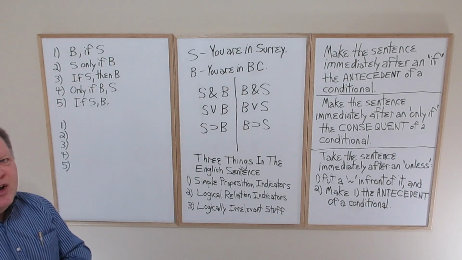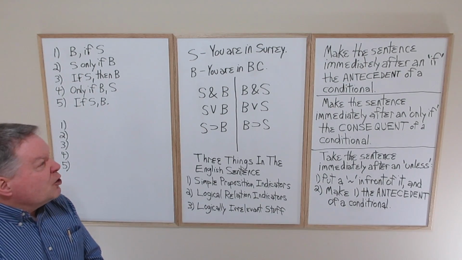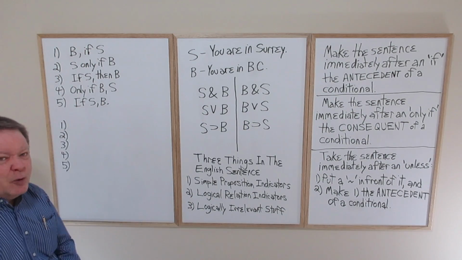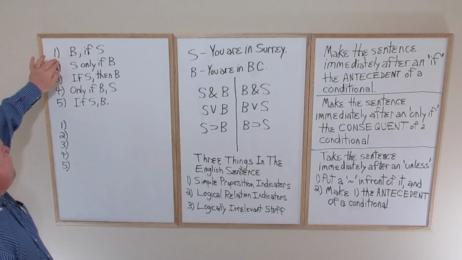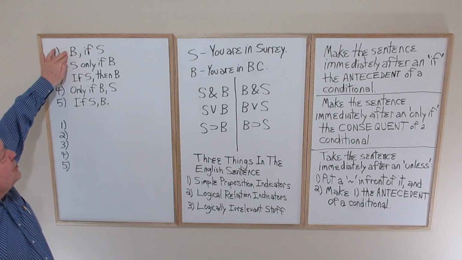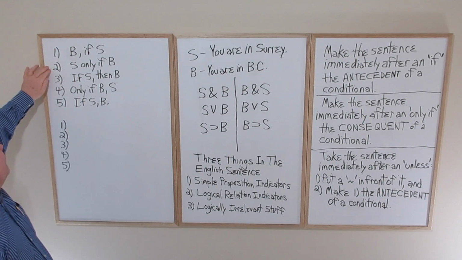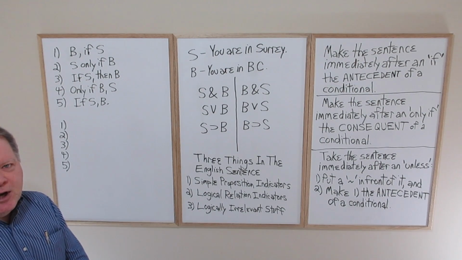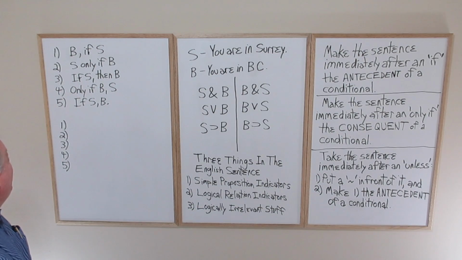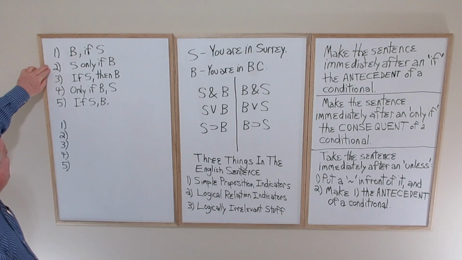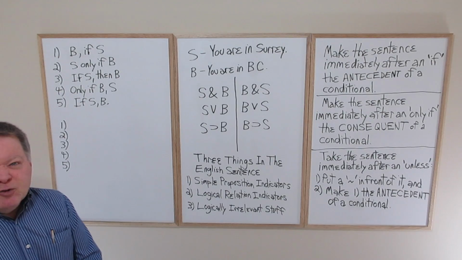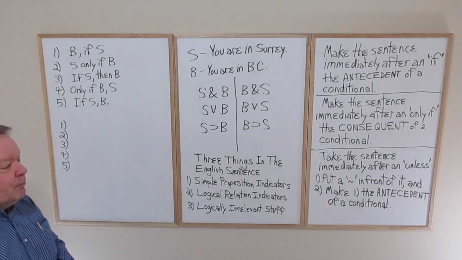This sentence is indicating a certain logical relation that holds between being in BC and being in Surrey, but it's also emphasizing the implications of being in BC. This second one, you're in Surrey only if you're in British Columbia, is also specifying a logical relation that holds between being in Surrey and being in British Columbia, but it's emphasizing being in Surrey, and so on.